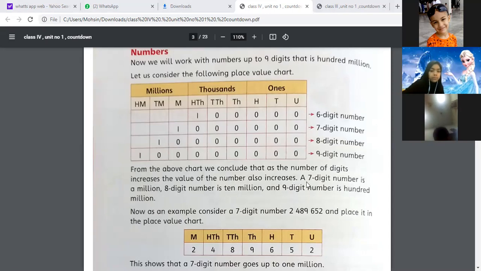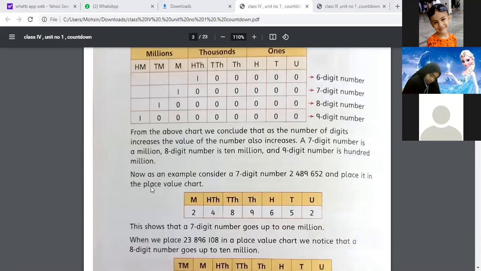Increase करती है. A 7-digit number is a million, an 8-digit number is 10 million, and a 9-digit number is 100 million.